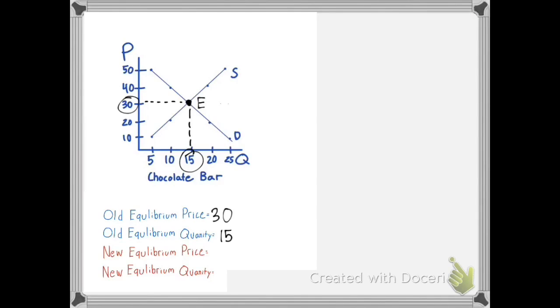And now suppose there's a change in the taxes. They increase the taxes to produce chocolate. So increase. This would result in a change of supply, but not in a good way.